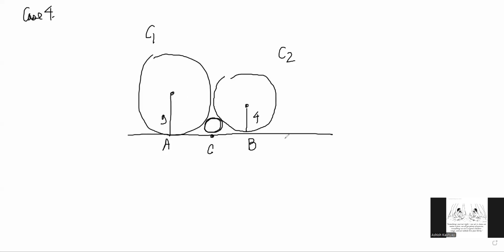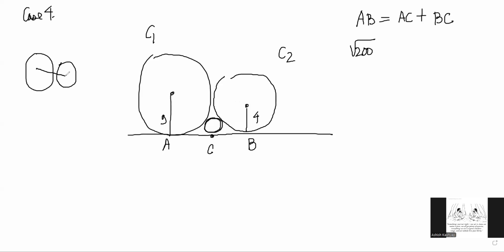So I can say easily that AB is equal to AC plus BC, right? And AB distance, I have already found several times. AB distance is root 200. How do I do that? Using circle C1 and circle C2. I already know that they are having length 15 and this difference is 5.